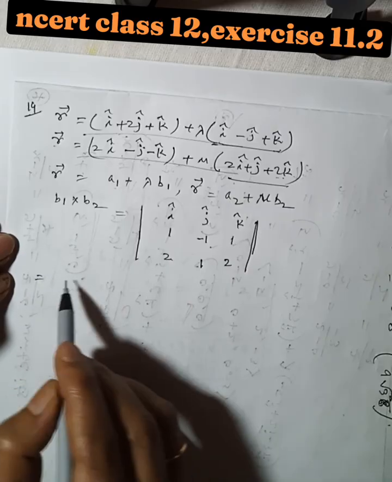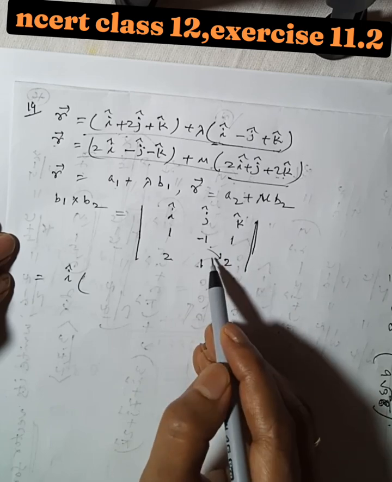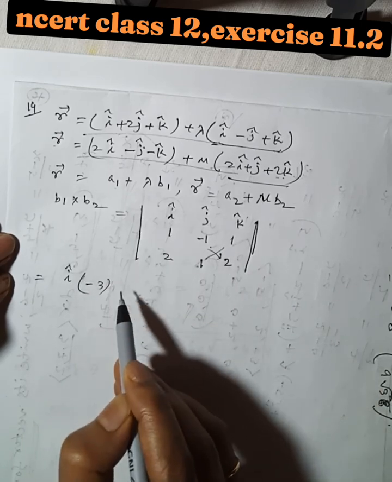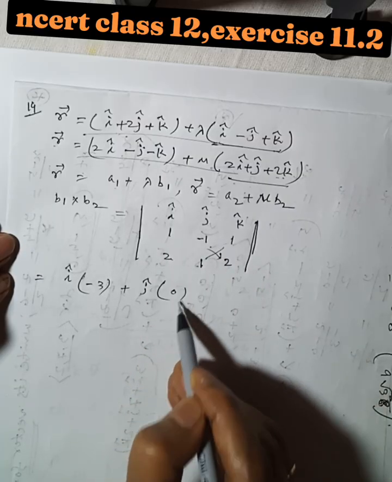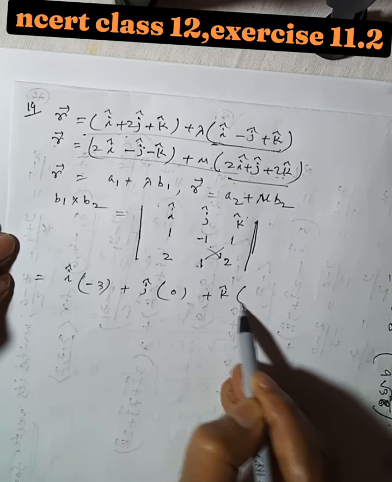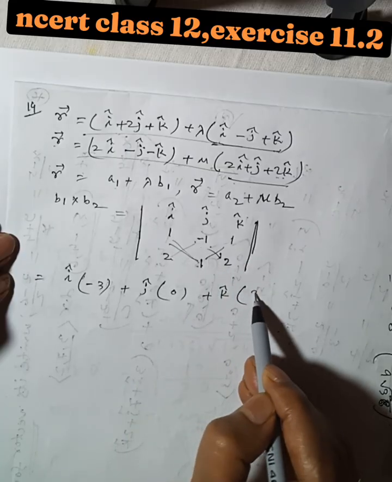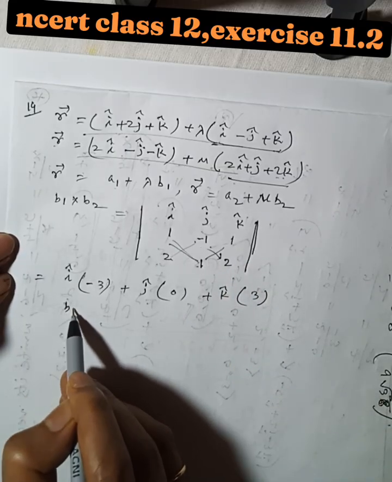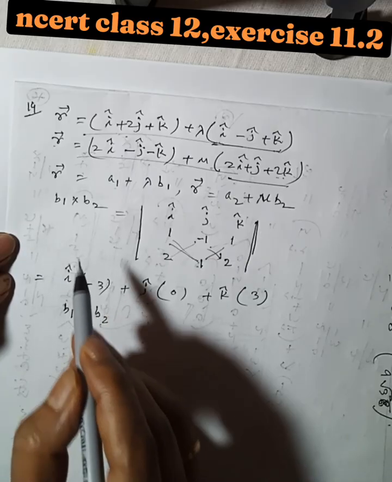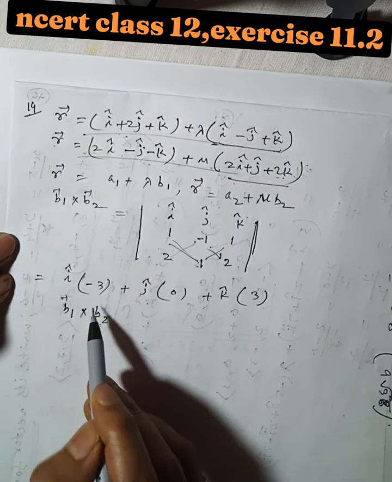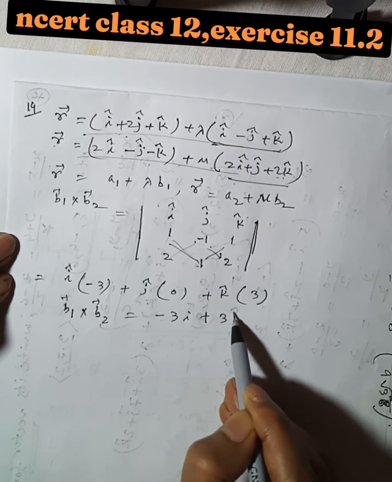This will be i times (minus 2 minus 1), which is minus 3, plus j times (2 minus 2), which is 0, plus k times (1 minus minus 2), which is 3. So the vector b1 cross b2 equals minus 3i plus 3k.